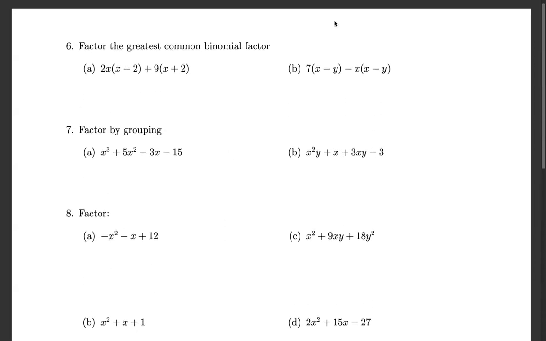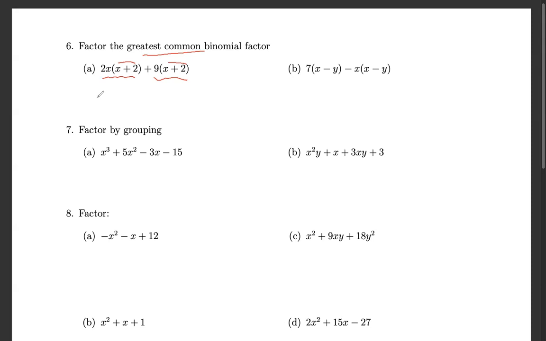Let's see 6. 6, also we want to factor out the greatest common binomial factor. So we have two groups. We have this group adding this group. And we see this is a factor in the first group, and this is a factor in the second group, right?